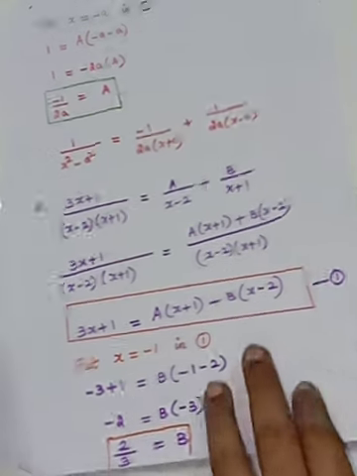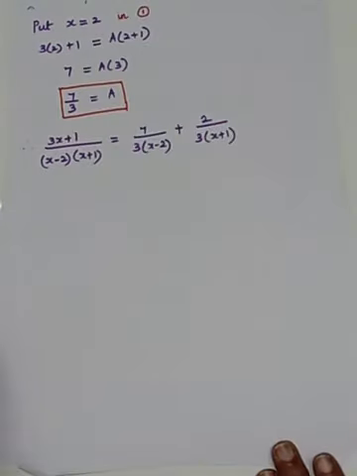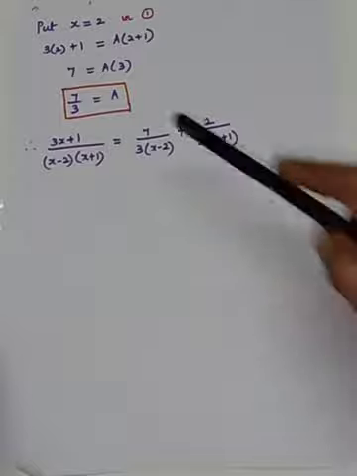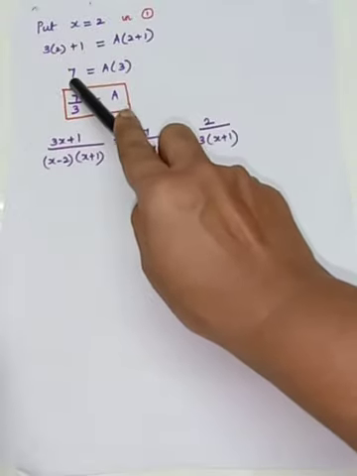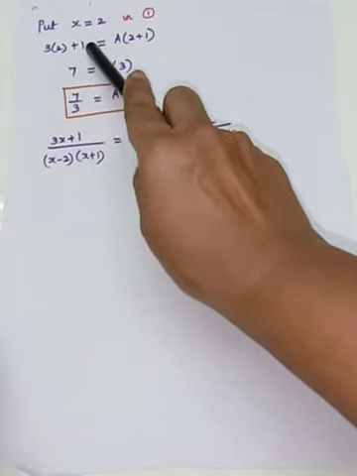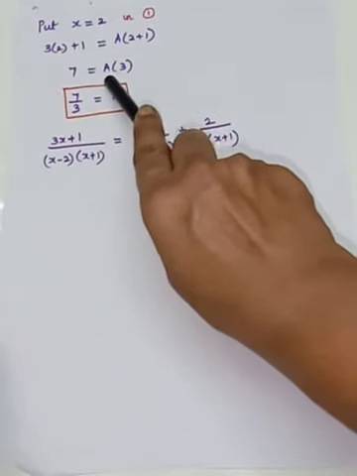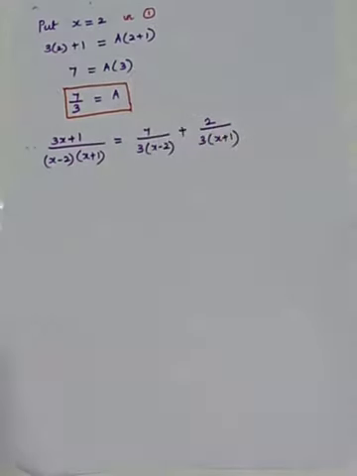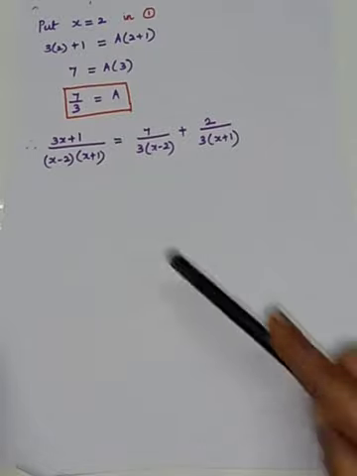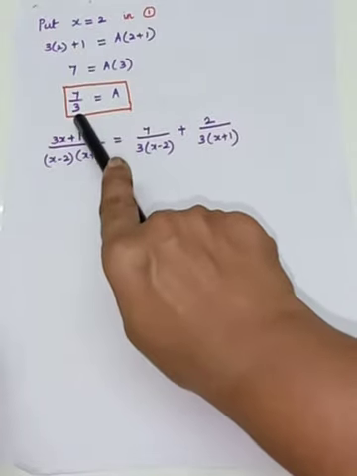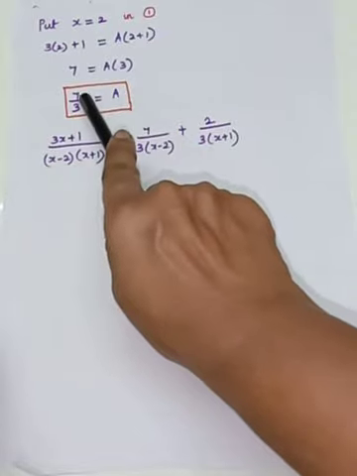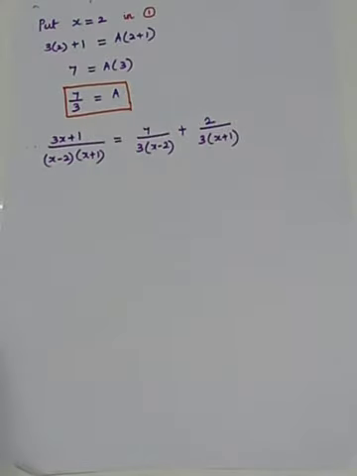See the substitution, x is equal to 2 in 3x plus 1. You will get 3 into 2, 6, 6 plus 1 is 7, is equal to a into 3. So a and 3 are in product. So when you take it to the other side, the 3 is in the denominator. So what's the value of a? a is equal to 7 by 3. So you have found a and b.